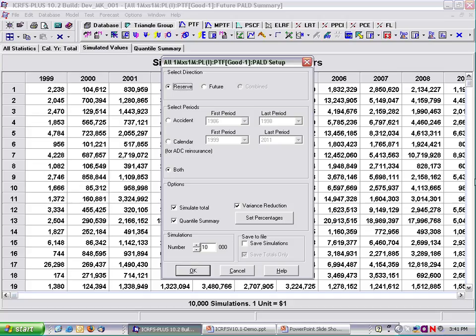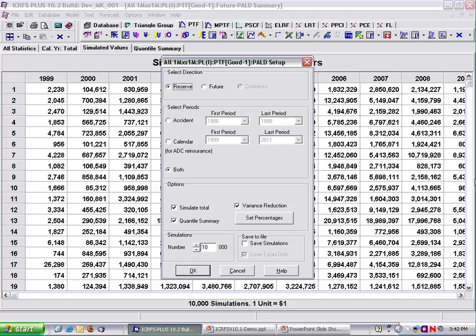Now, if we're going to do 10,000 simulations, we're actually going to simulate from 97. Every time we do a simulation of the whole triangle, we're actually simulating from 97 log normals. So we're doing 970,000 simulations. But of course, we also have to simulate from the parameter uncertainties, because that's an integral part of the model. So we're doing about 1 million simulations.